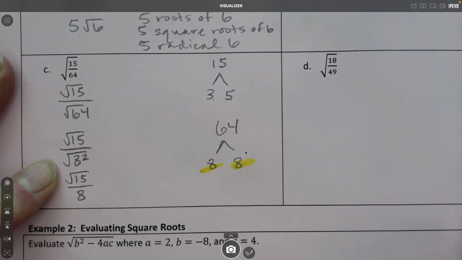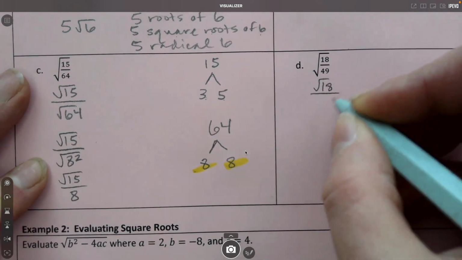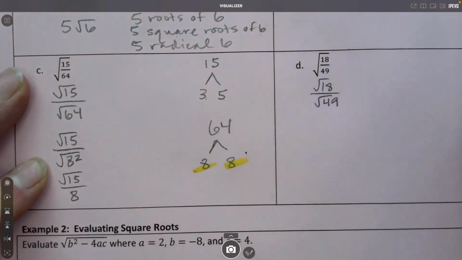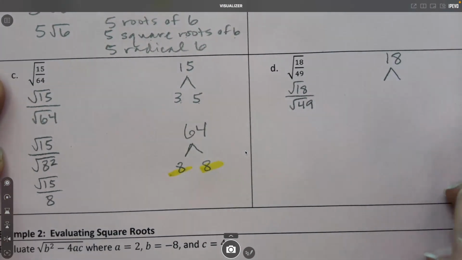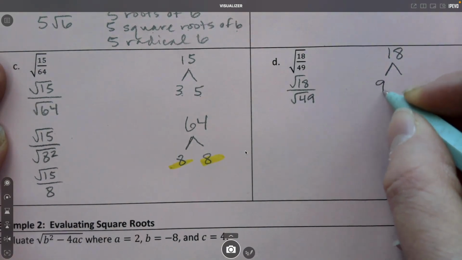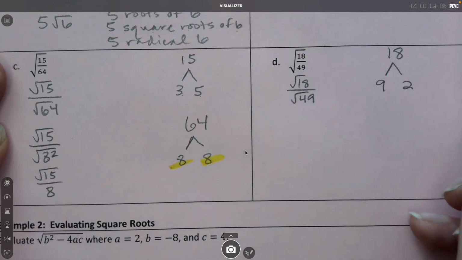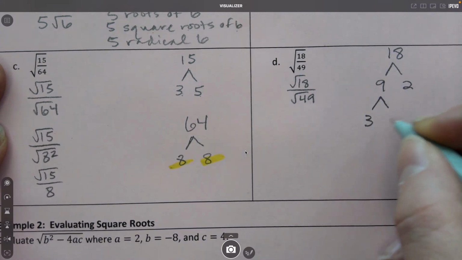So let's try the same thing on the next one. I need to break this apart into numerator and denominator. And we'll look at the numerator first. Let's see what we can do with 18. So 18, I could say 9 times 2 or 6 times 3. And hopefully you know by now that it doesn't matter which order you break this apart in. We are going to get the same numbers at the very end. 9 is 3 times 3.